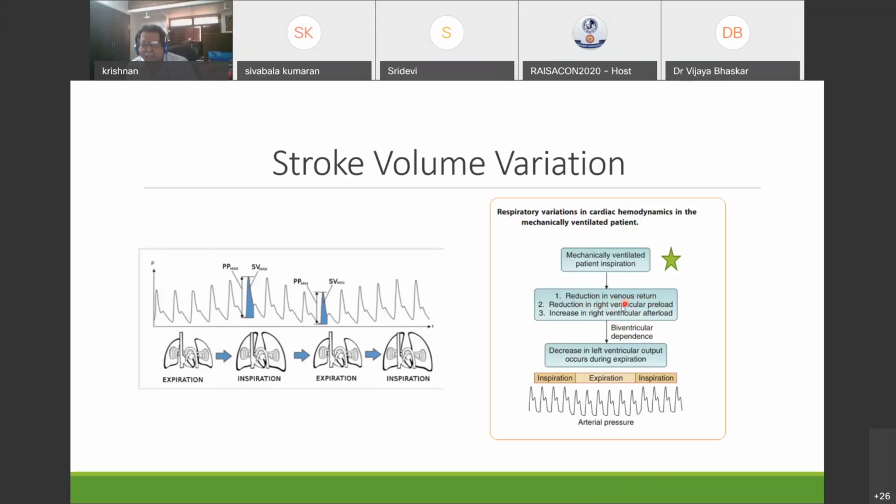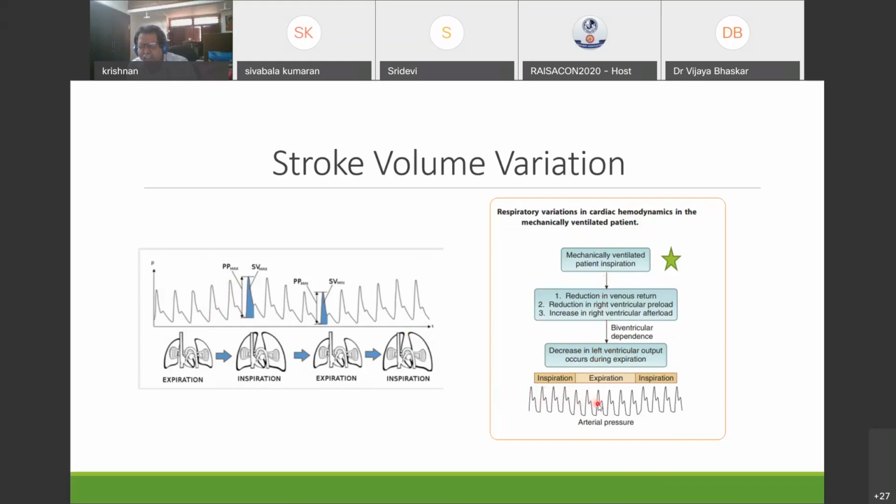Whenever there is a decrease in right ventricular preload, there is also a decrease in left ventricular output. That will be shown as a systolic pressure. Okay, so this is what will happen during inspiration. If you see the stroke volume, there is a reduction during inspiration because there is a change in the intrapleural pressure. There is a rise in pressure.